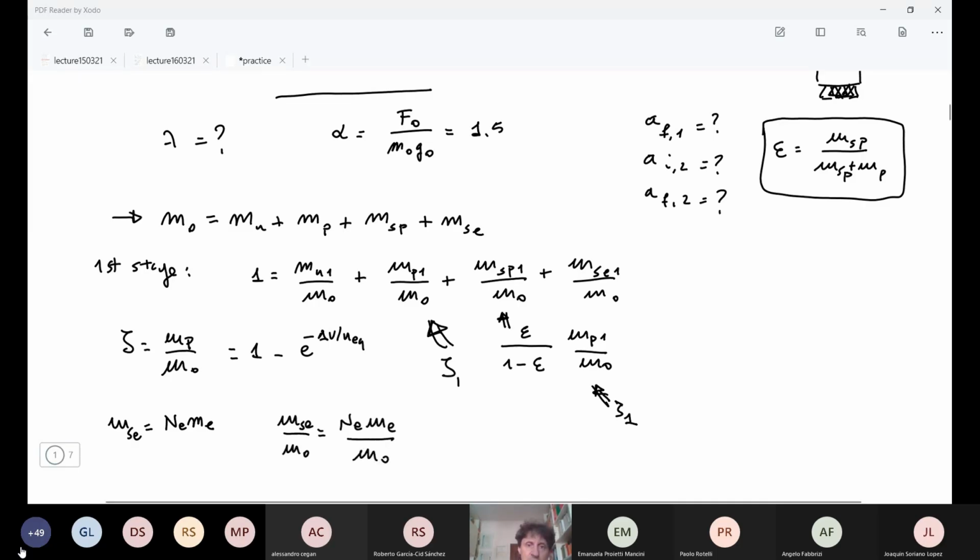We can write it this way, and we can exploit our beta that relates ME to thrust. So we have NE, and ME will be F over beta G0.